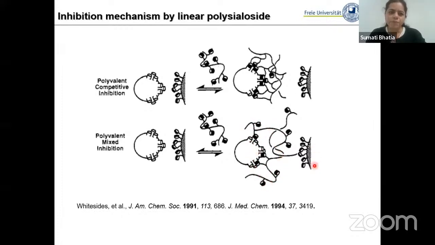So there are 2 different types of mechanism they proposed, and they said depending on the optimization or the nature of the scaffold, both are possible.